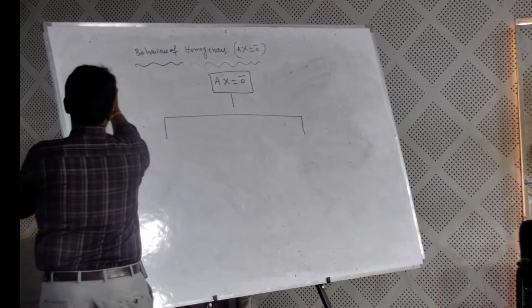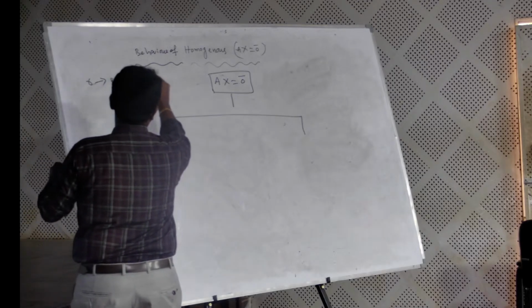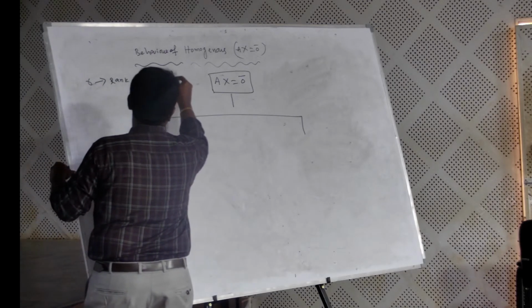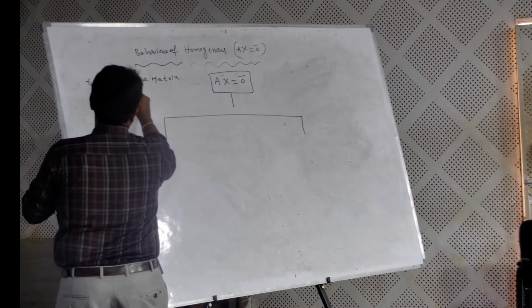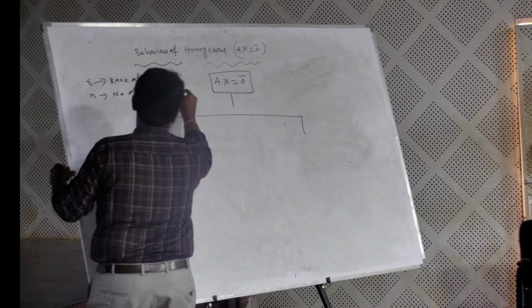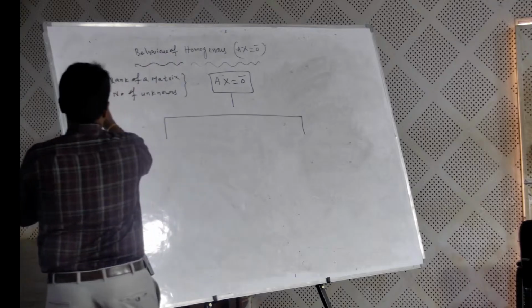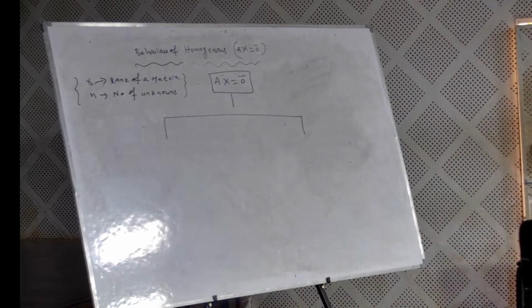Before that, I will define two letters. One is small r. What is small r? Rank of a given matrix. And what is small n? Number of unknowns.